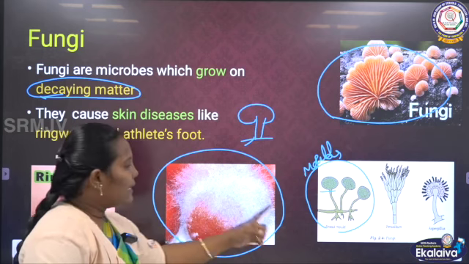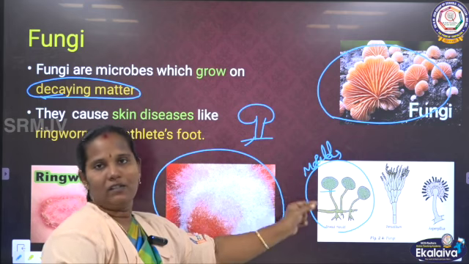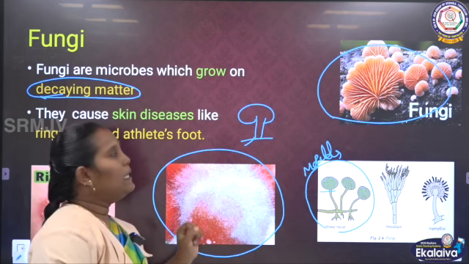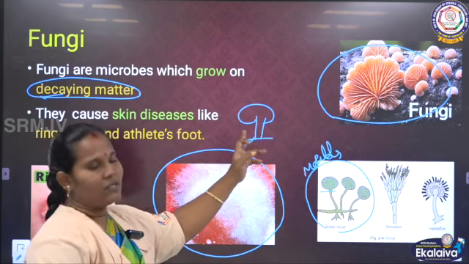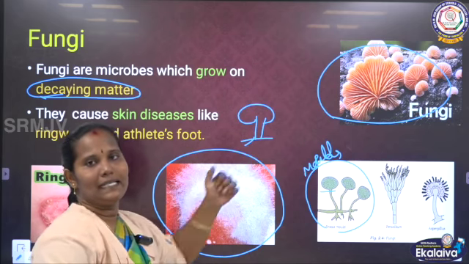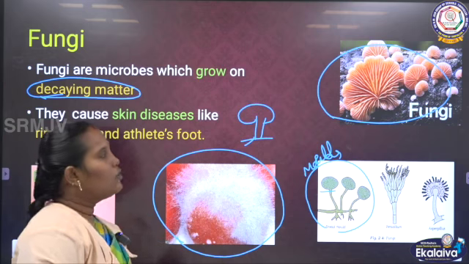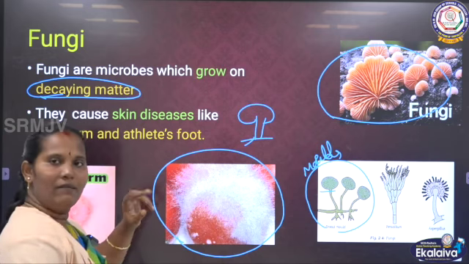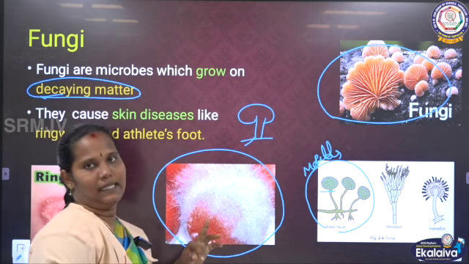Molds are single-celled fungi, but Agaricus, the mushroom, is a multicellular fungi. So fungi can be either unicellular or multicellular.